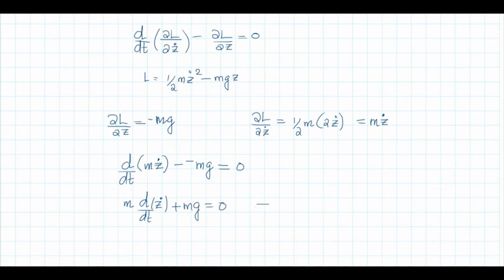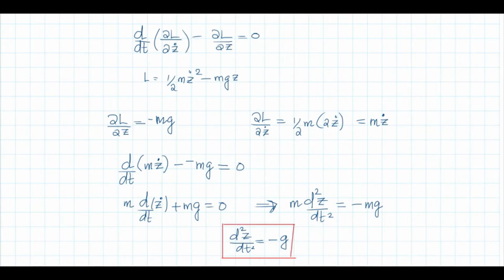This implies m into d square z by dt square is equal to minus mg, or d square z by dt square is minus g. This is the equation of motion for a particle which is in vertical motion under gravity.